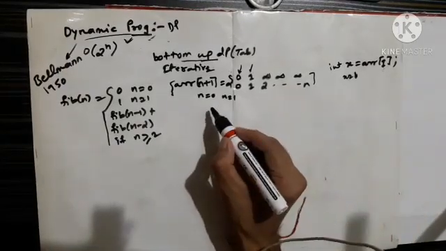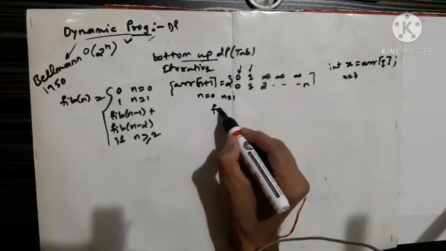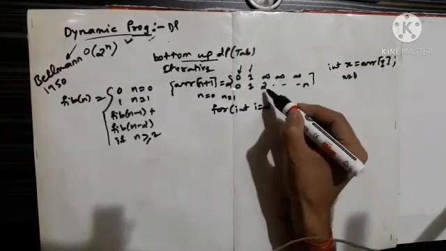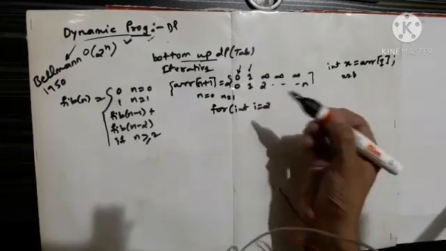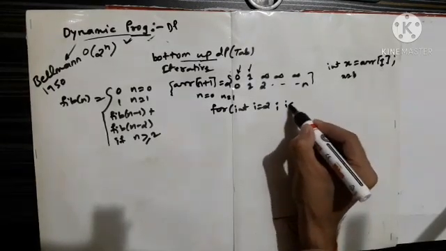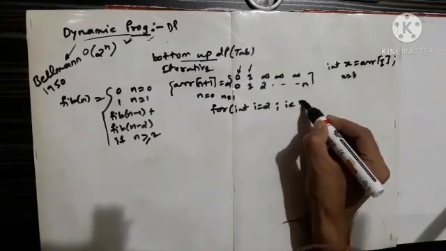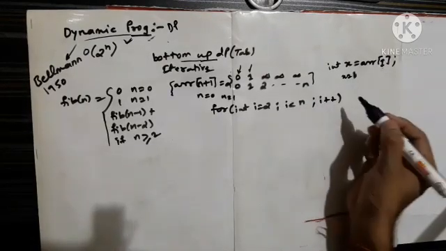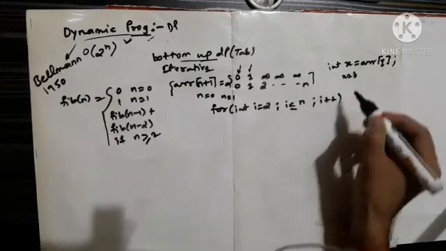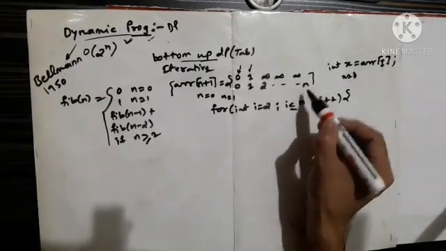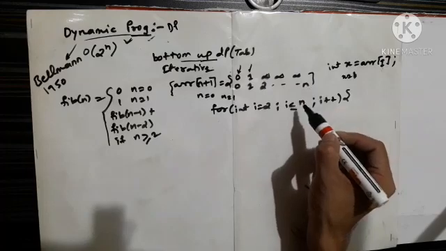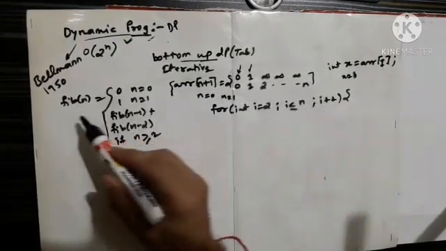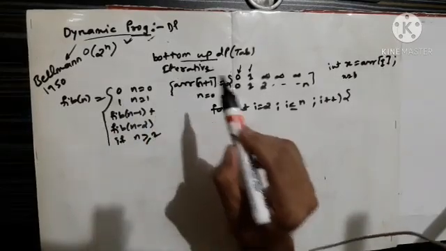Now what I will do, I will simply write for int i equal to 2, I will start from 2 index, because 0 and 1 anyway I know. I will go till the last index, and i plus plus. It will be included. Why included? Because at nth index the fib of n has its answer, and we are returning the value at nth index.